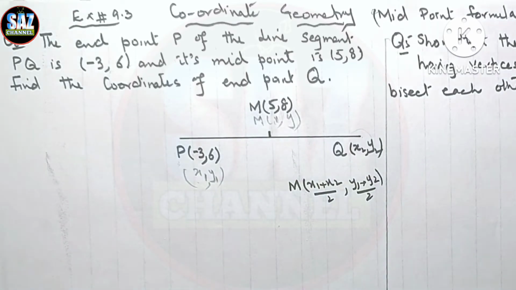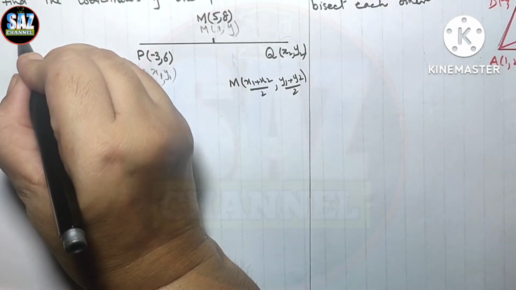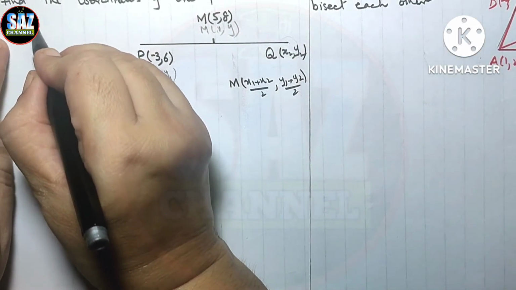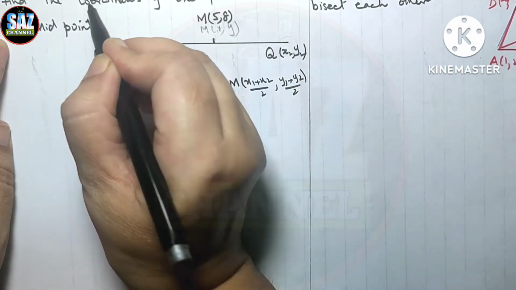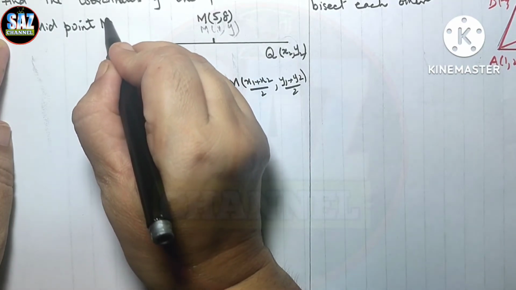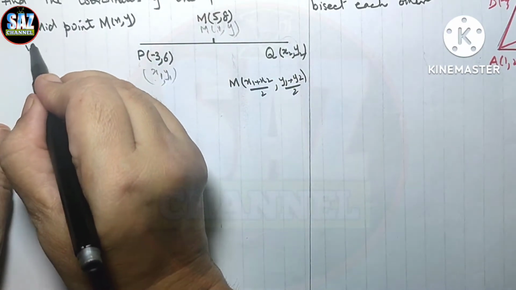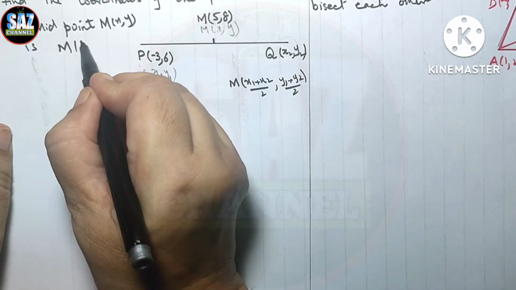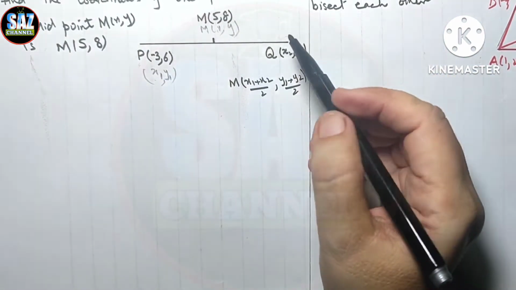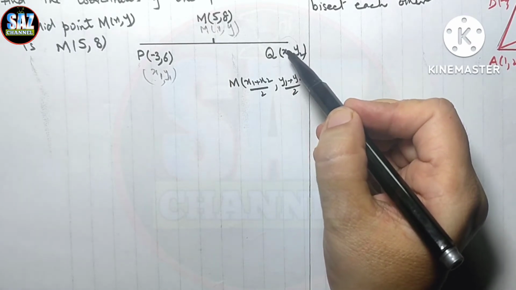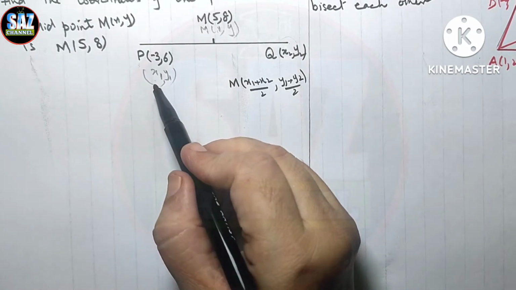So the midpoint M(x, y) is M(5, 8), and we are supposing the coordinates of the other point as x2 and y2, and the first point will have the coordinates x1 and y1.